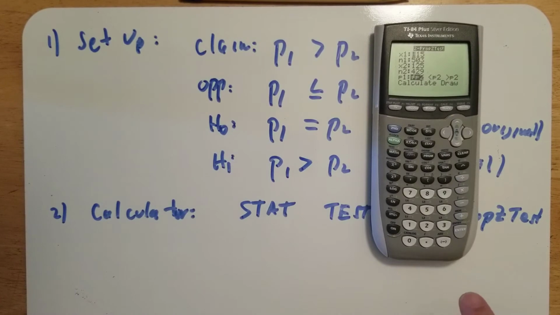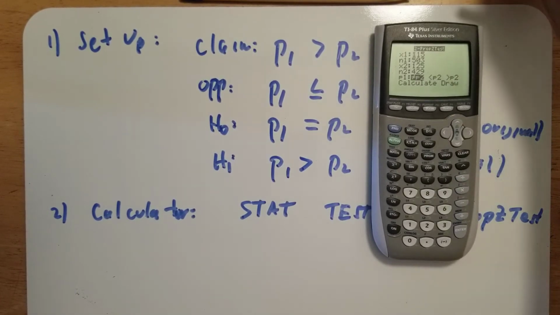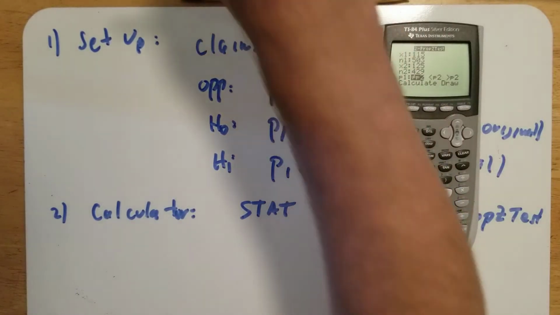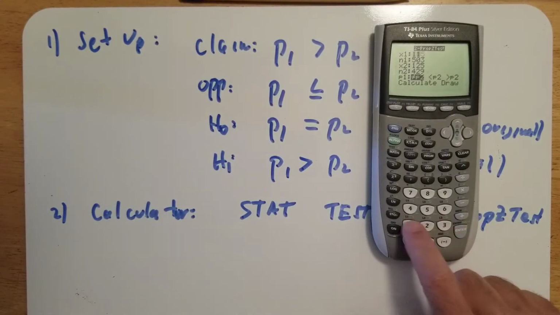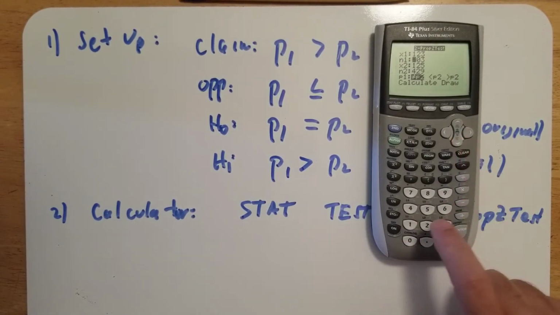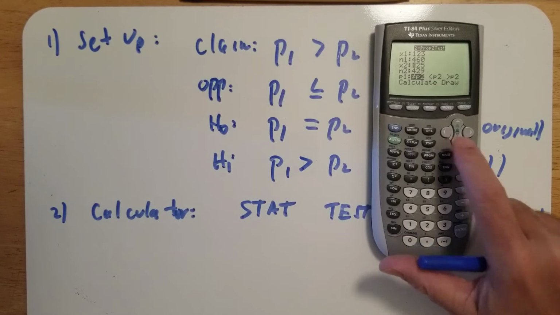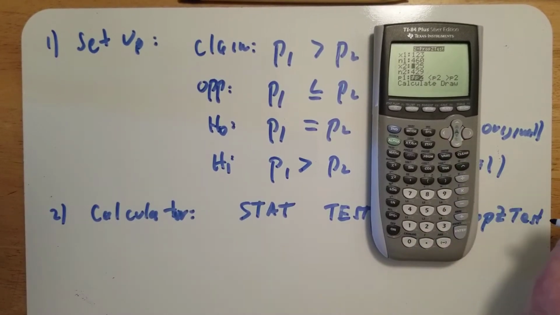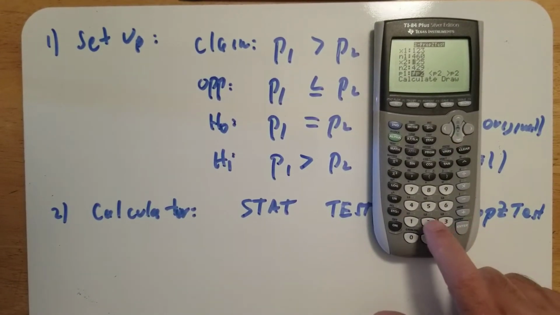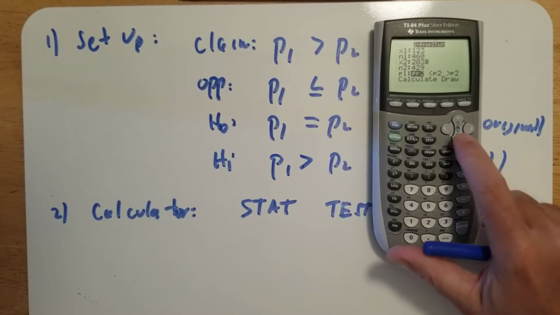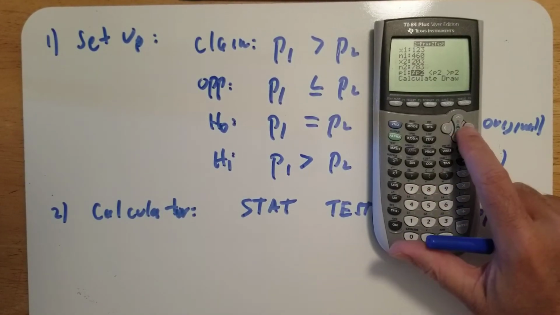The x1 and n1 are the numbers from the first proportion, which is the ghosts. For the ghosts, it was 123 out of 460. The x2 and n2 are for the second proportion, the UFOs, which was 203 out of 783.